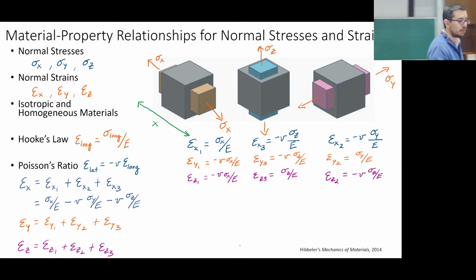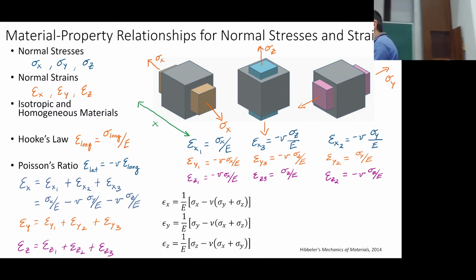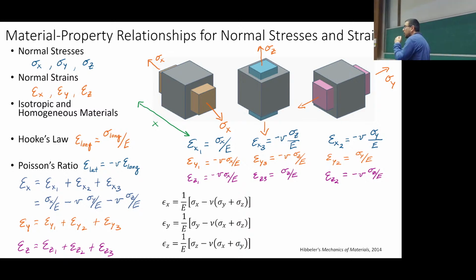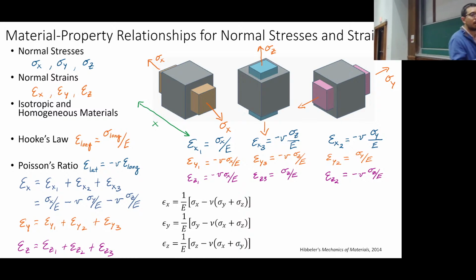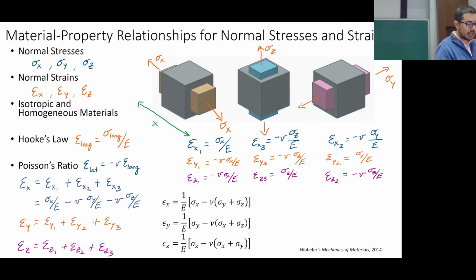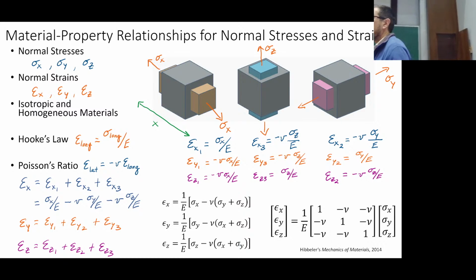in this class. Okay? But if you have a material that has a Poisson ratio, which pretty much every material does, and there are stresses applied in 3 dimensions, when you look at the strains, you've got to account for these additional stresses. Right? So that's kind of a problem. And if you want to go matrixy, it looks like that.